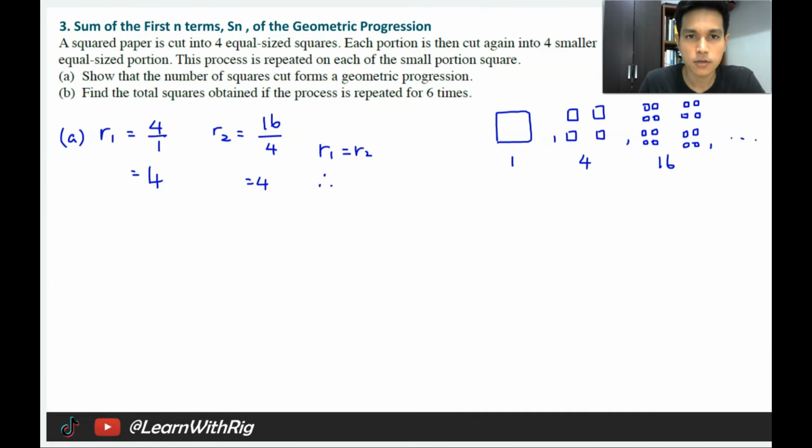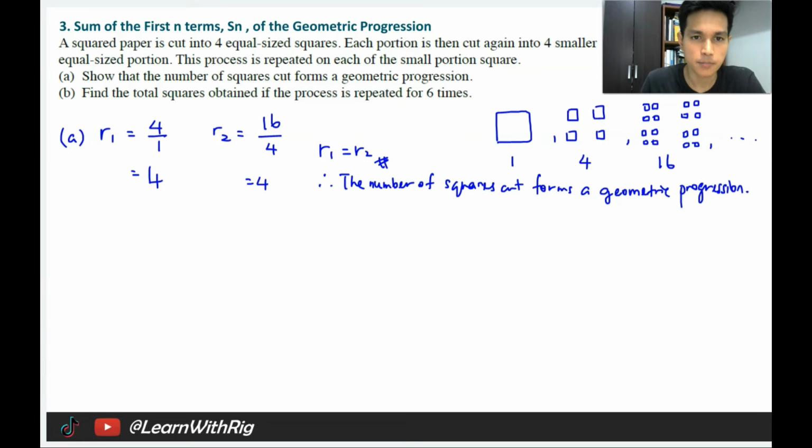Therefore, this sequence, the number of squares cut, forms a geometric progression. Okay, so this is what you have managed to prove.